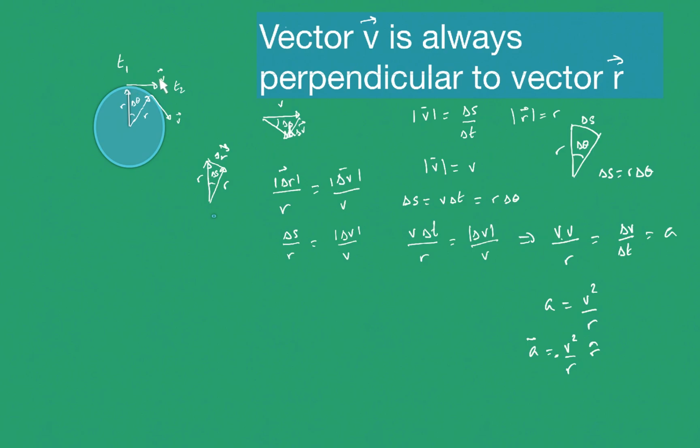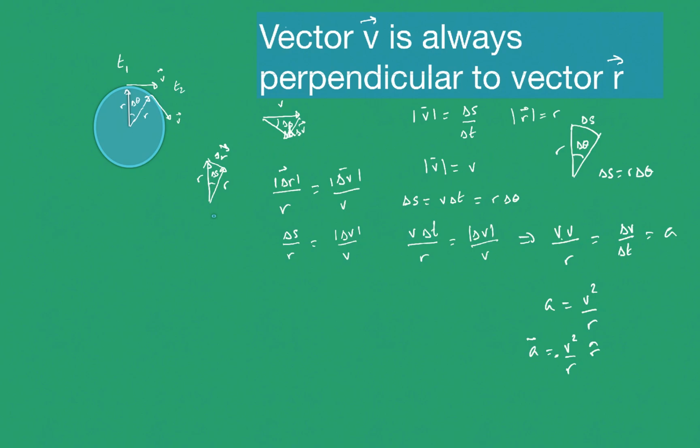Why? Because the velocity vector is perpendicular to r. So when the object moves an angle delta theta, it is because between the two vectors there is the same angle delta theta. Now we have two isosceles triangles. This is r and r. This is v and v.